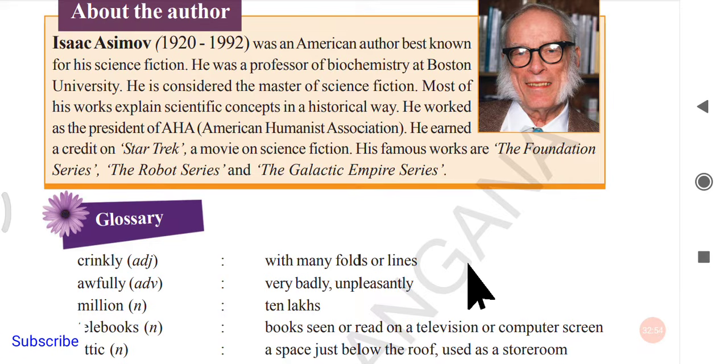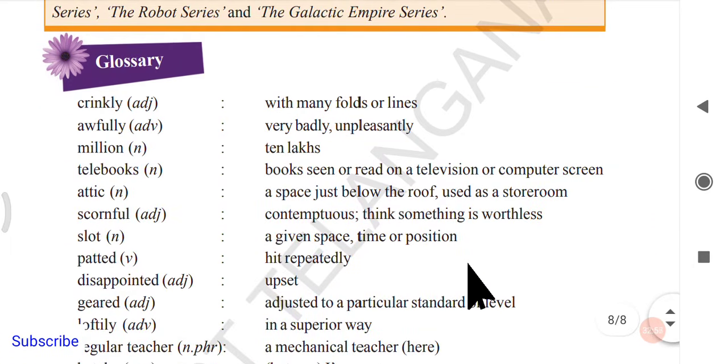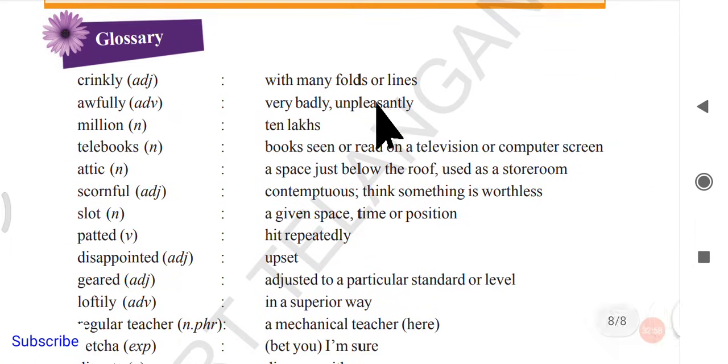Next, we have the glossary. Crinkly: with many folds or lines. Awfully: very badly, or unpleasantly. Million: 10 lakhs. Telebooks: books seen or read on television or computer screen. Right now you are reading one, so this is called a telebook.